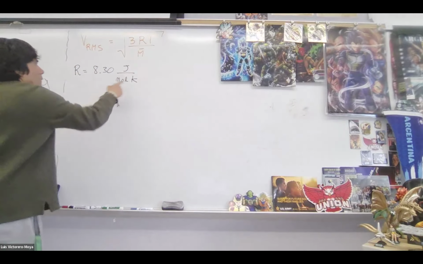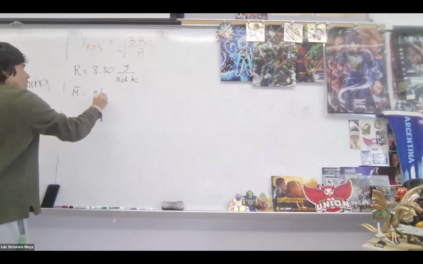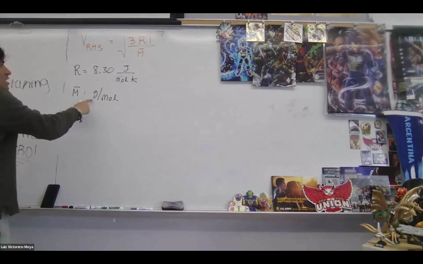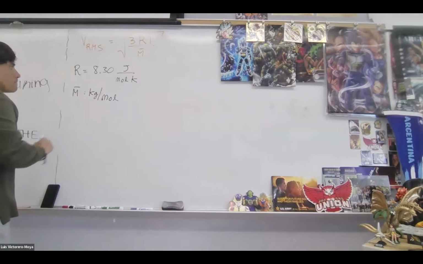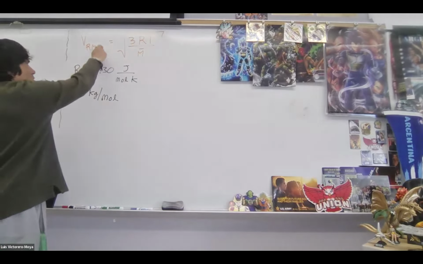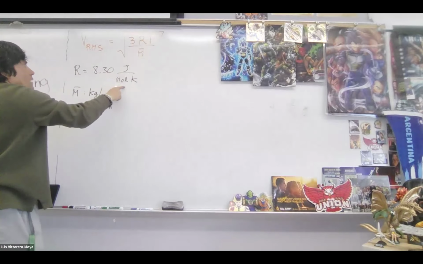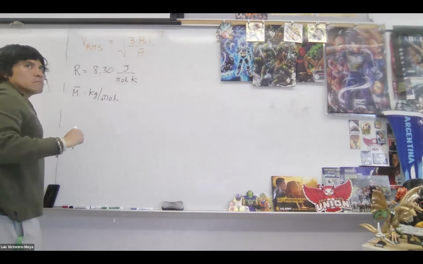Molar mass is in grams per mole, but this has to be changed into kilograms per mole, because we want this to be in meters per second. Kelvin and Kelvin will cancel, mole and mole will cancel, leaving joule over kilogram.